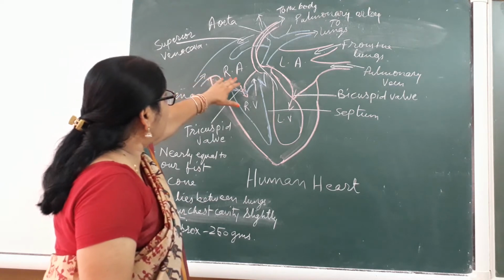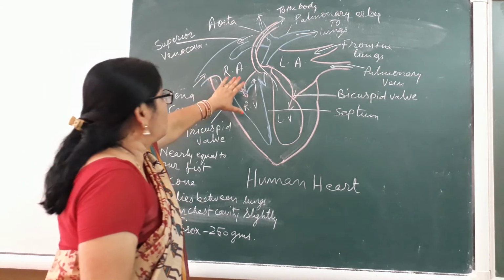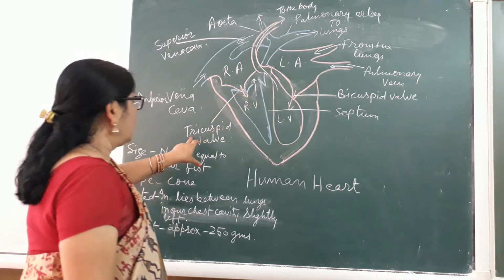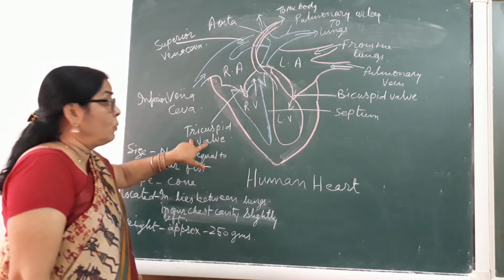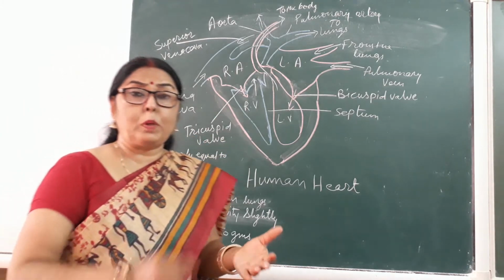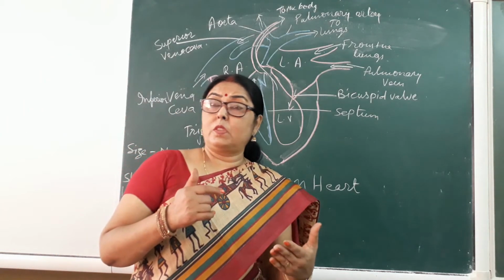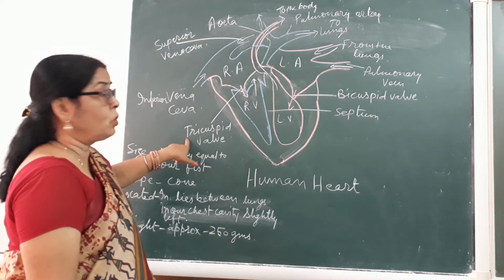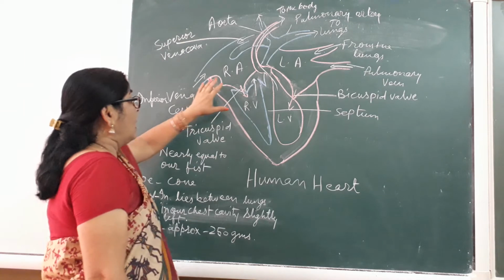This blood fills the right auricle. Between the right auricle and right ventricle there is a valve known as the tricuspid valve. Cuspid means semi-lunar. There are three in number, so they are called tricuspid.